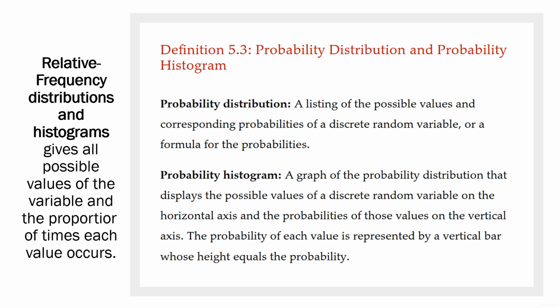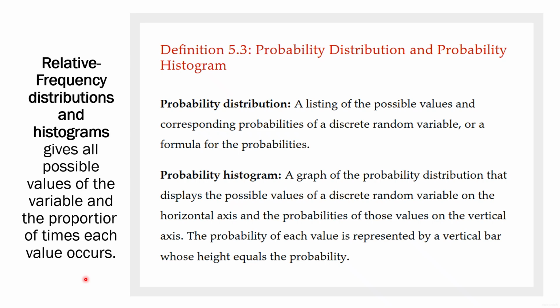And this leads us to some new definitions. On the left-hand side, I also have the definition for relative frequency distributions and histograms. The reason I am bringing this up is because we talk about distributions and people tend to not understand what that means. A distribution itself gives all the possible values of the variable, and then you can add on to it.